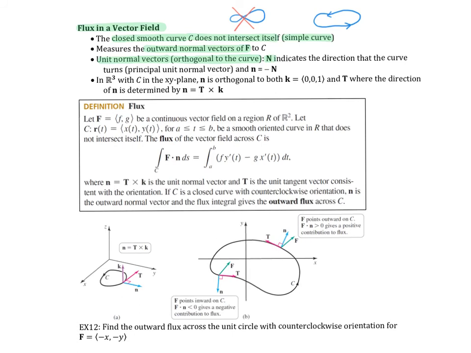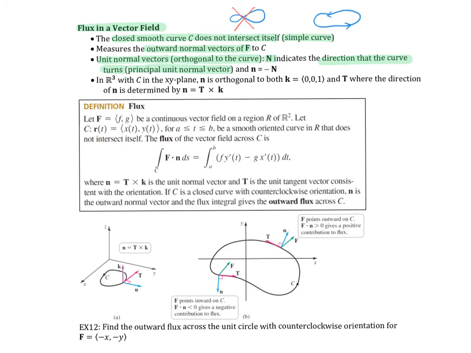The uppercase N would be our principal unit normal vector, and that goes in the direction that the curve turns. We don't want that direction. When we measure flux, we're looking at outward. That's what we're measuring, the outward normal vectors.